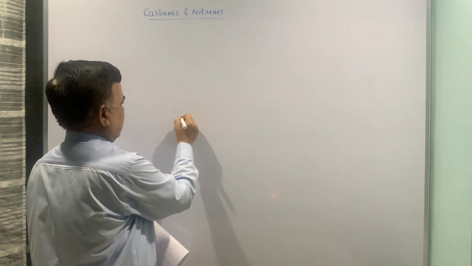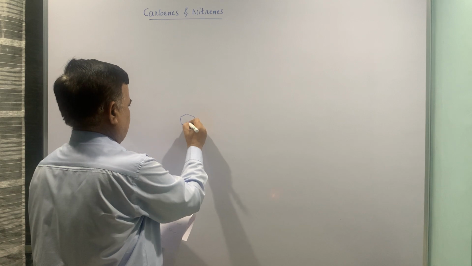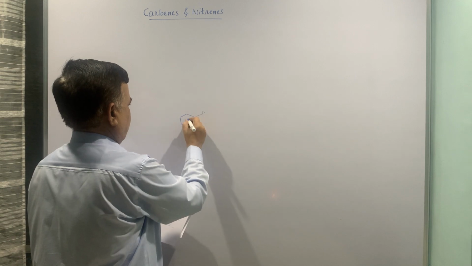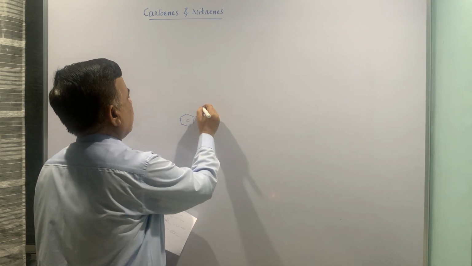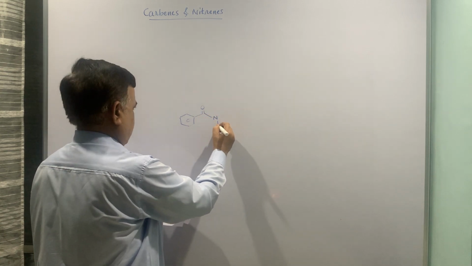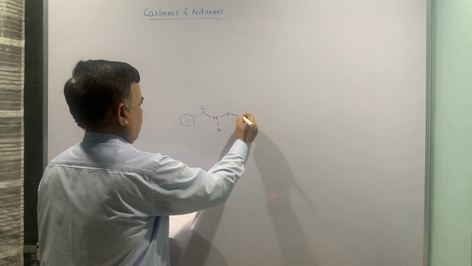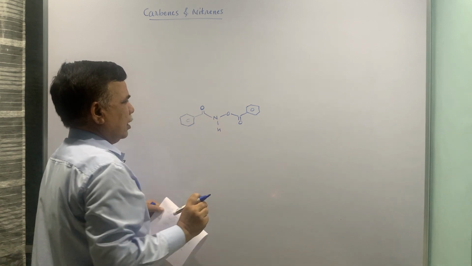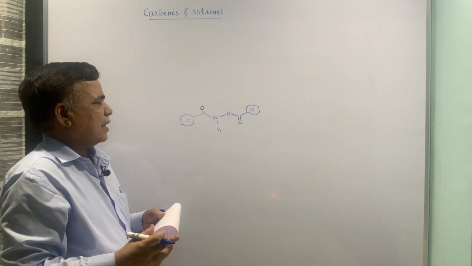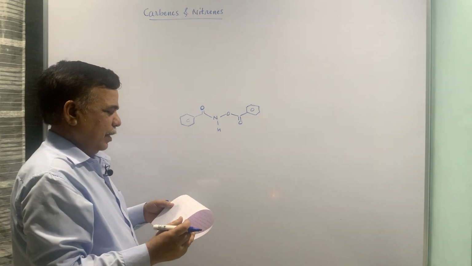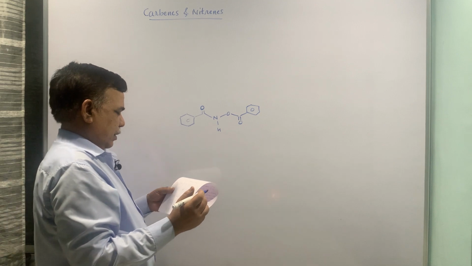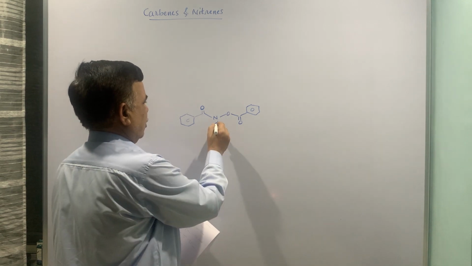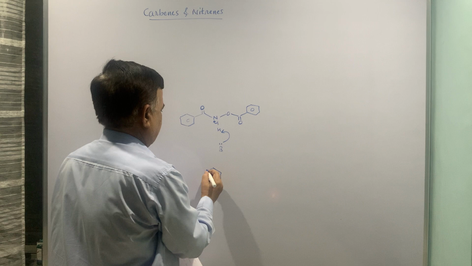The third reaction is Lossen. We have said earlier that in the Lossen reaction, O-aryl or O-acyl esters of hydroxamic acids when treated with base can abstract this proton and you get nitrogen.